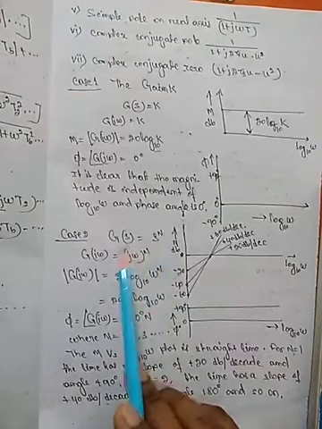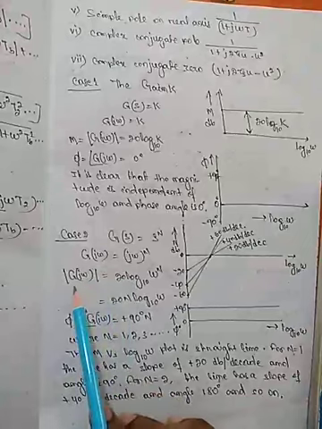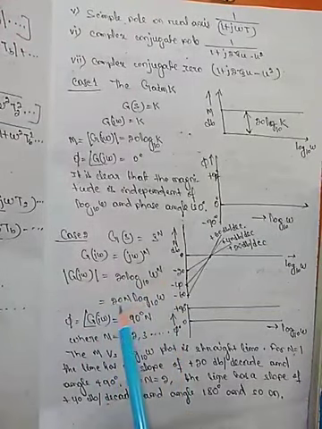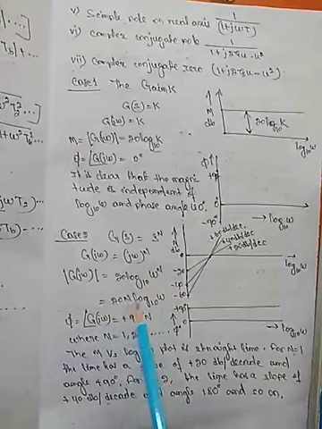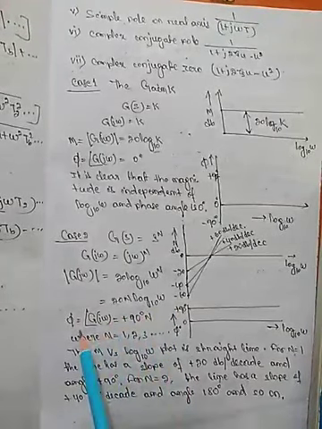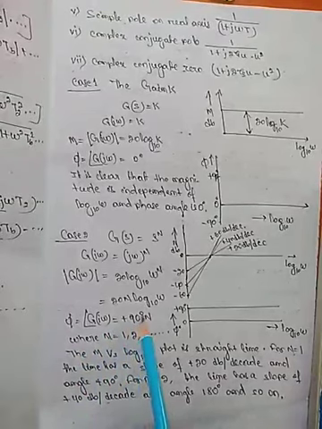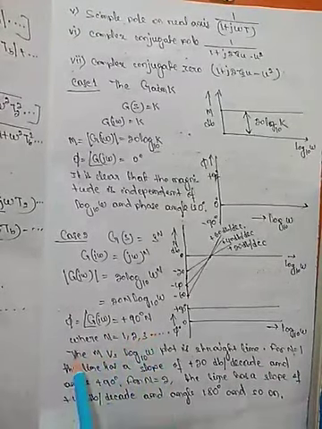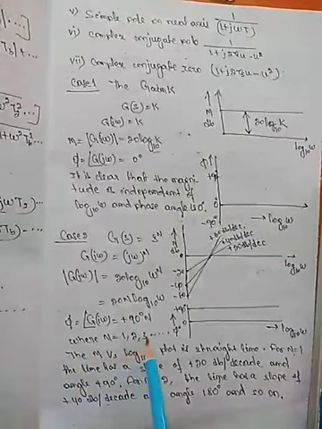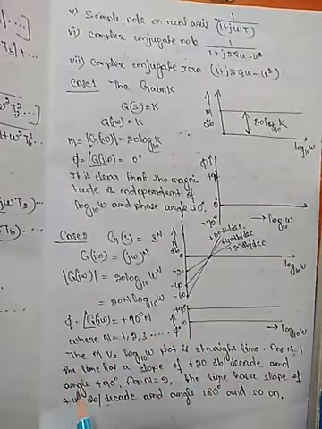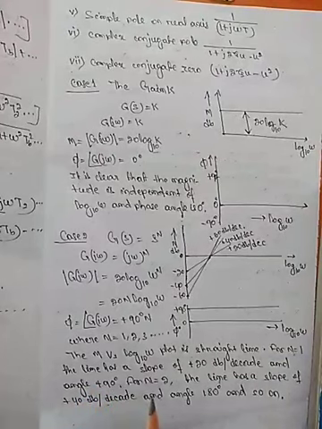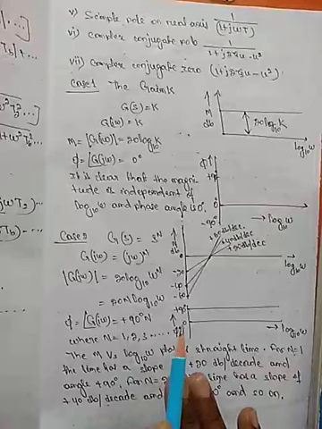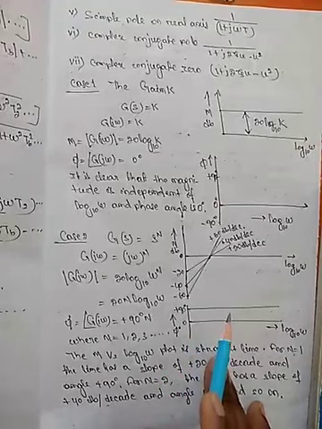You put s as j omega, then the magnitude is 20 log omega to the power n, which is 20 n log omega, and phase angle is plus 90 degree times n, where n is 1, 2, 3 like this. It denotes the number of zeros present at the origin of the s plane.